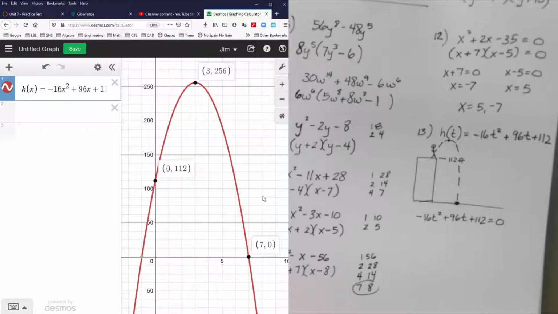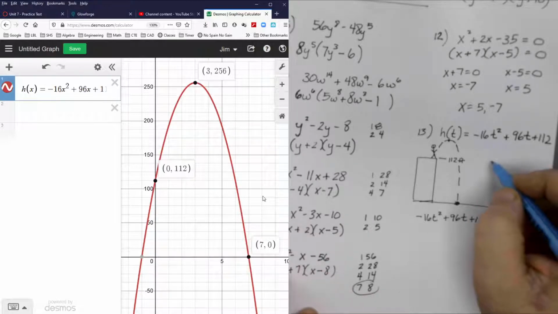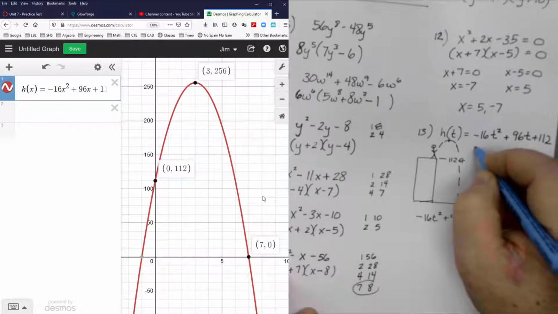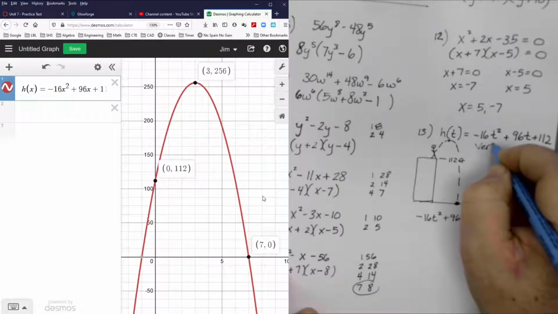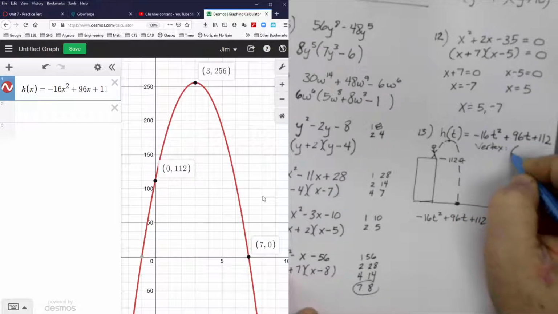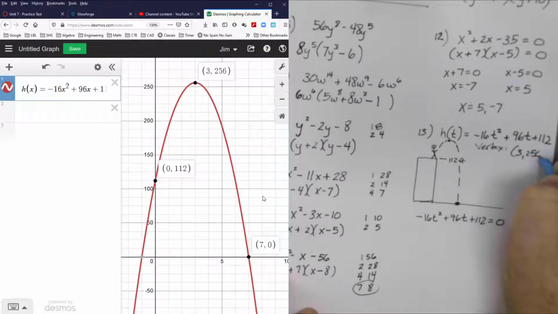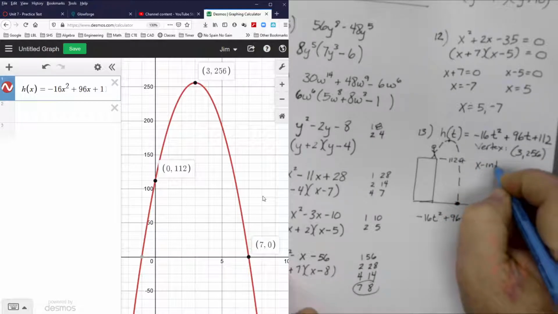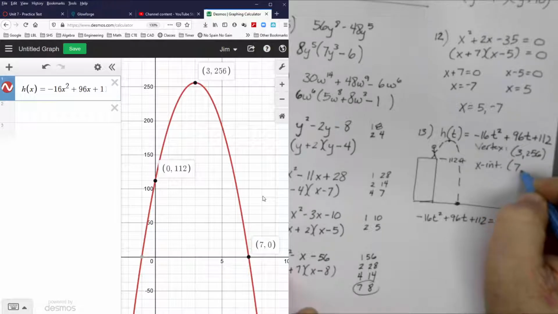So I'm going to write these down on my paper here. The vertex is at 256, and my x-intercept, or my 0, is going to be at 7, 0.